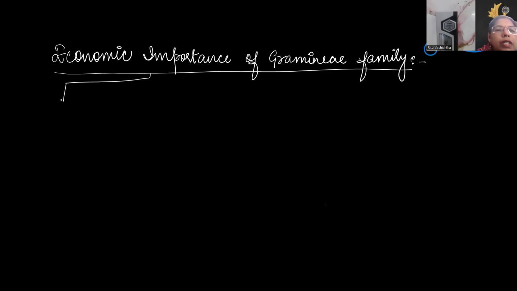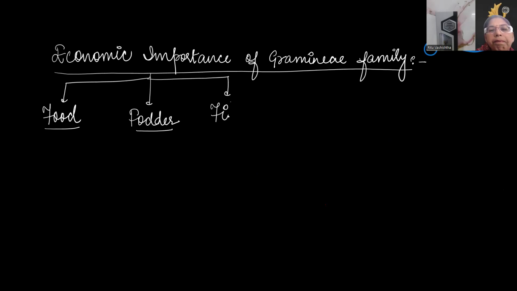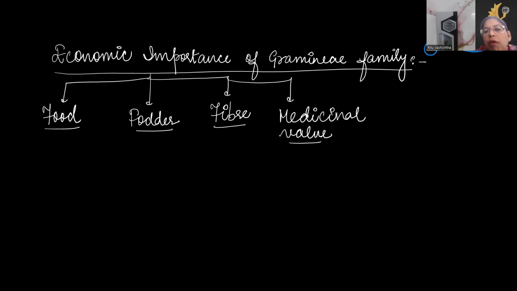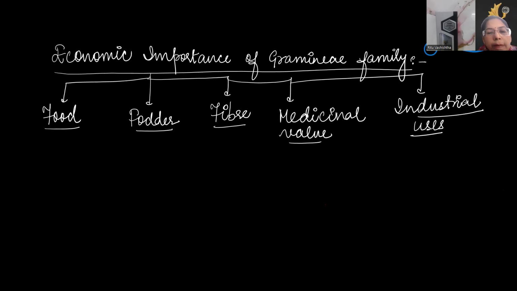So its economic importance as a source of food, fodder, fiber. Besides food, fodder, fiber, it has certain medicinal value. It can also be used for industrial purposes, like certain plants are used for industrial purposes.